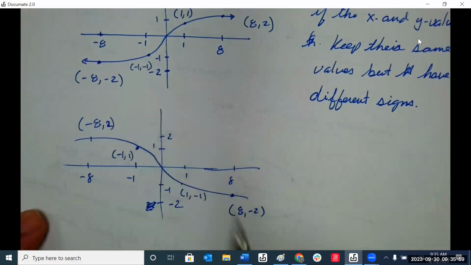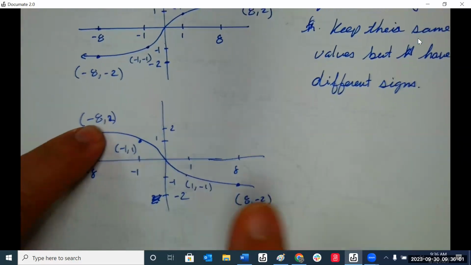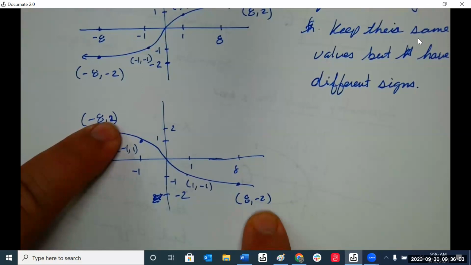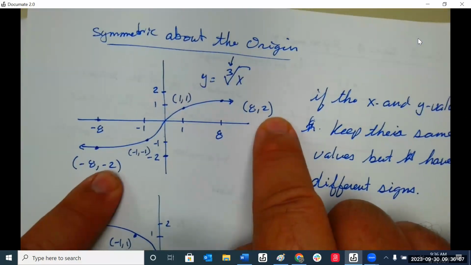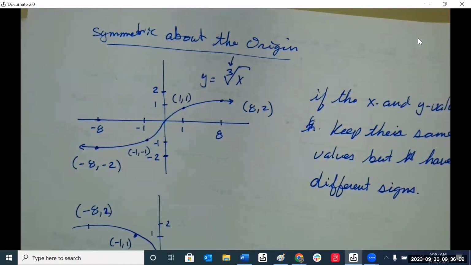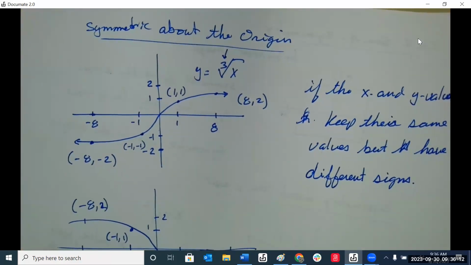So 8 goes from negative to positive, positive to negative. Or I can go from negative to positive, negative to positive. But they keep the same values. They just change signs.